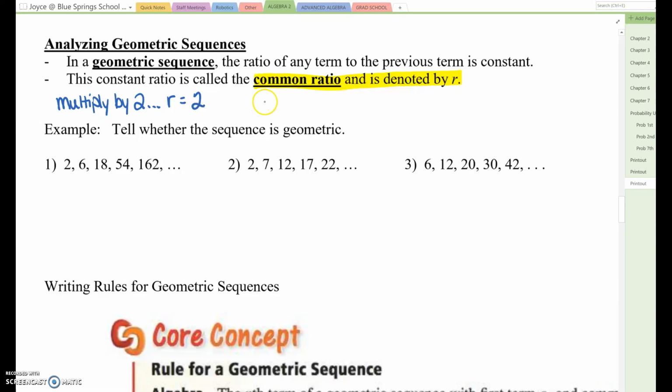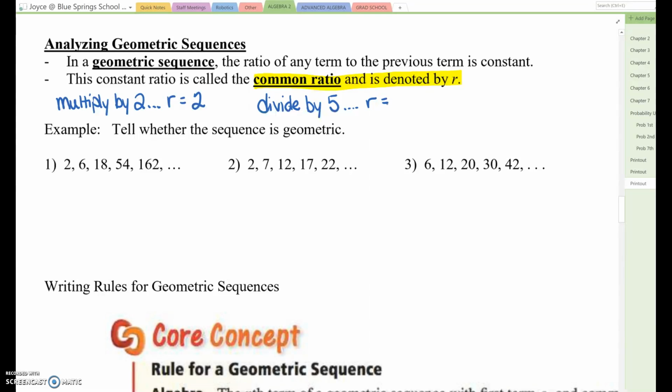If your pattern is divide by 5, say we start with 200, we divide that by 5, divide it by 5, divide it by 5, divide it by 5. R is supposed to be the number that you're multiplying by.